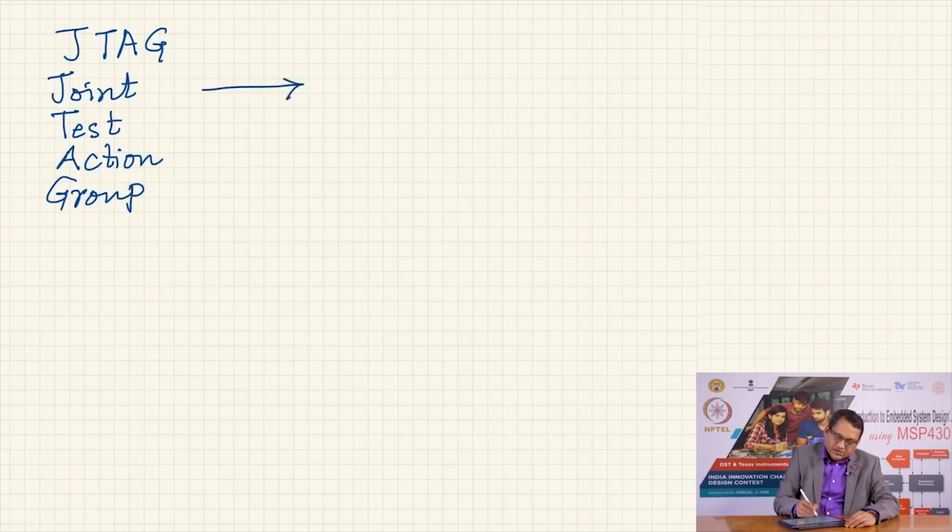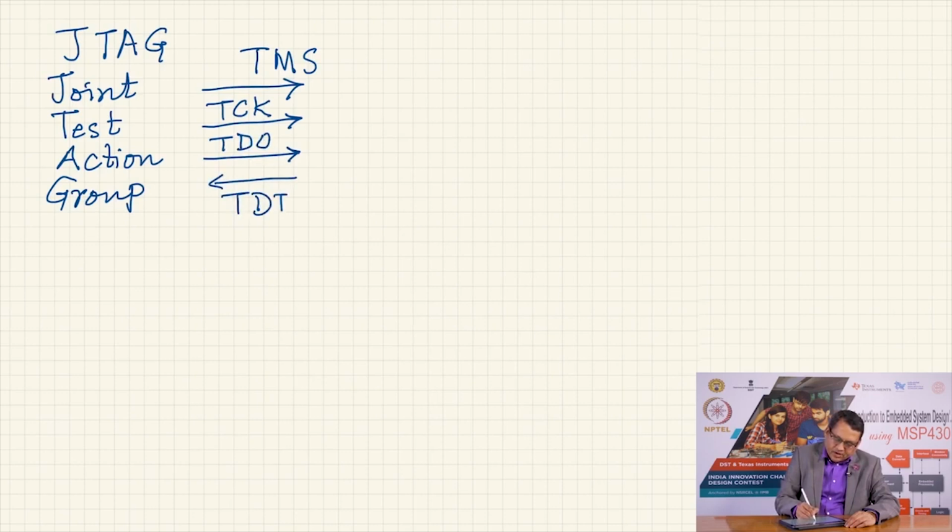It has 4 pins: TMS, a clock signal called TCK, a data output called TDO, and a data input called TDI. And this was primarily used by manufacturers of digital ICs for testing, and it uses a concept called test access port.